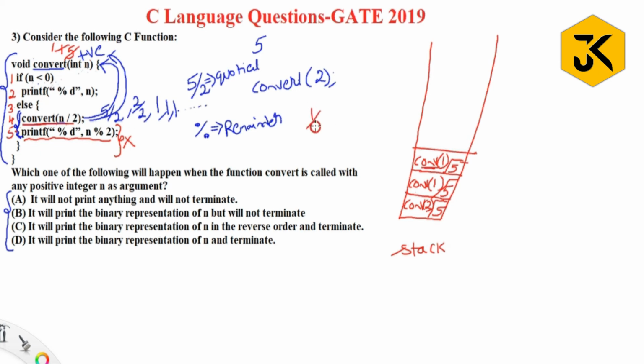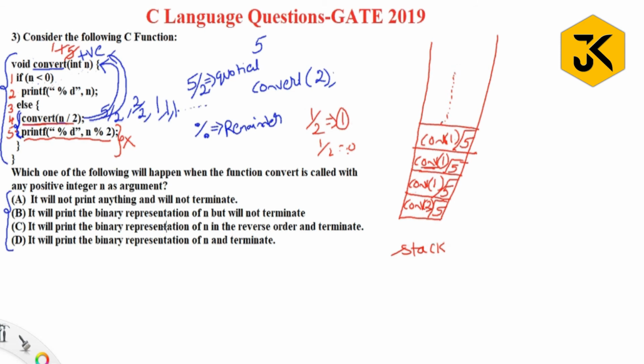See here, 1 by 2 is 1 only. 1 modulus 2 is 0. So convert of 1, and once again convert of 1. Only when convert of 1 executes will the fifth statement be executed. Like this the process will continue. You won't get this process stopped.